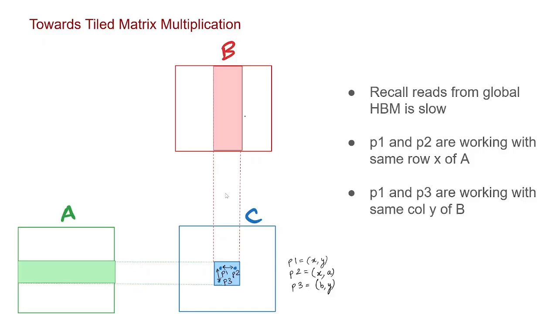And this gives us an idea, because what really is a challenge for us is that each thread is reading all this data. The way to visualize this is to think of A and B as huge, very big. So over the course of a thread's lifetime, it's reading in all this huge row and all this huge column of B. And all the threads in a block are doing all of this without being aware that there are other threads with which they could have shared the information which they read in.